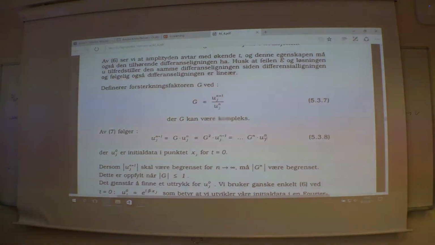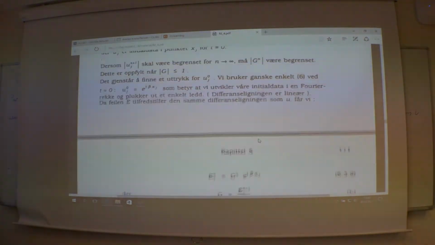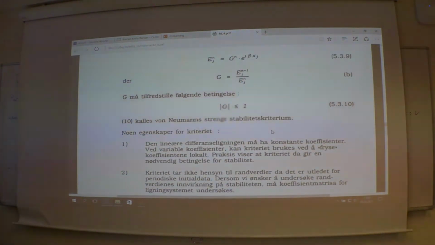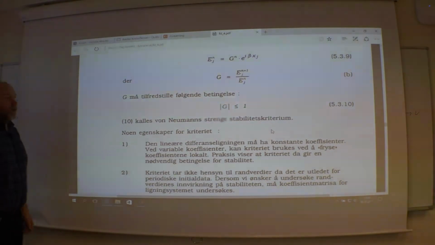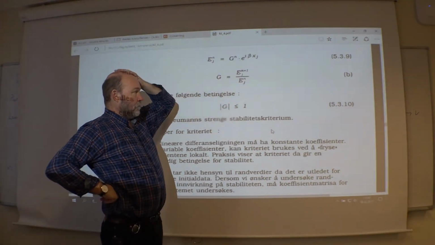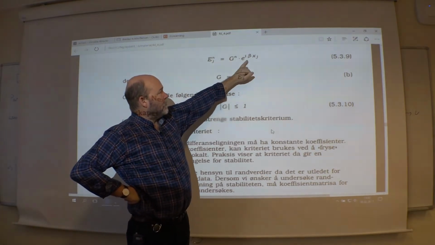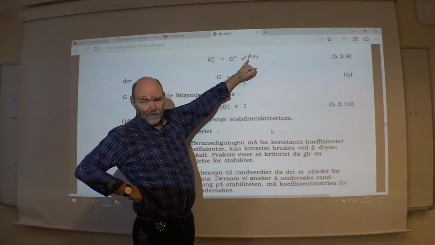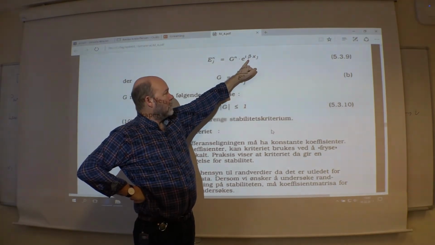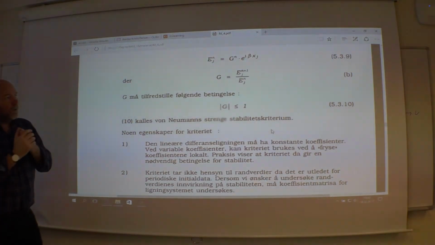And then we say the error itself can be expressed as one arbitrary term in a Fourier series. So here, this beta will be an arbitrary wave number, just one arbitrary error wave, you might say.